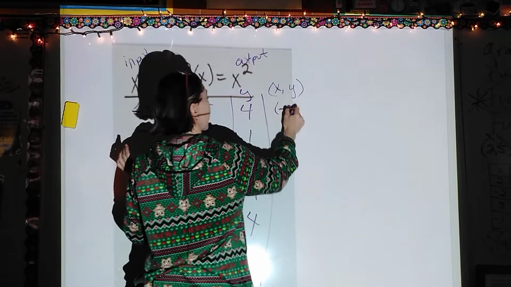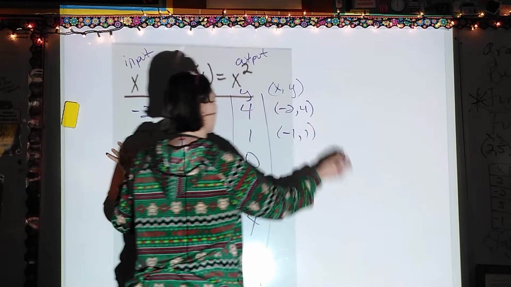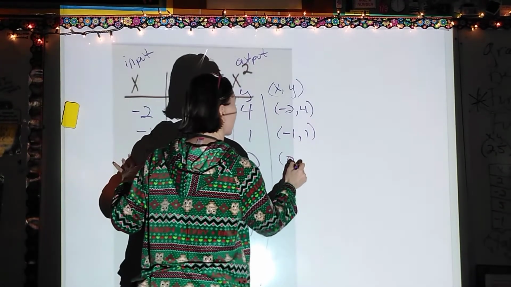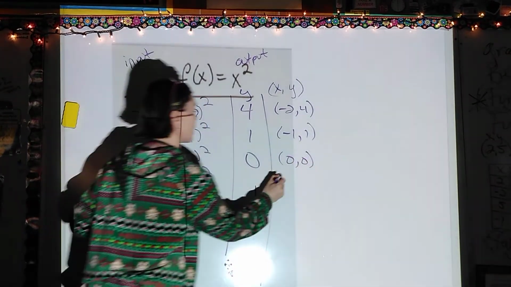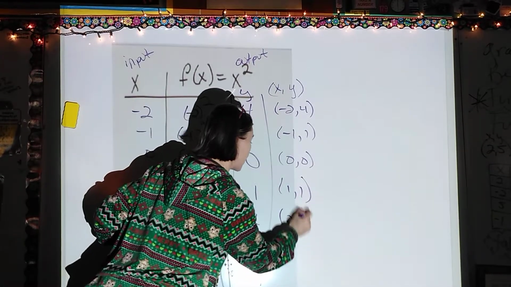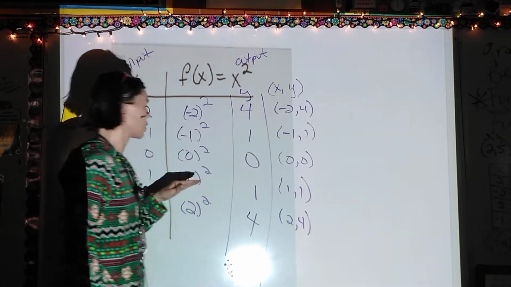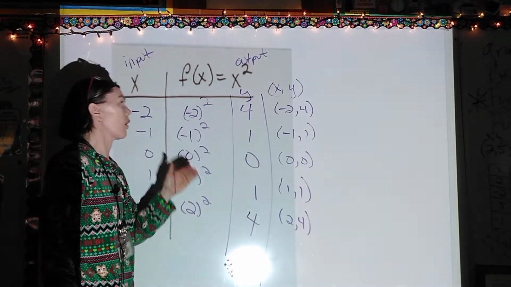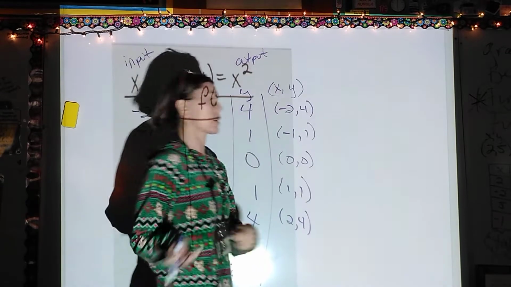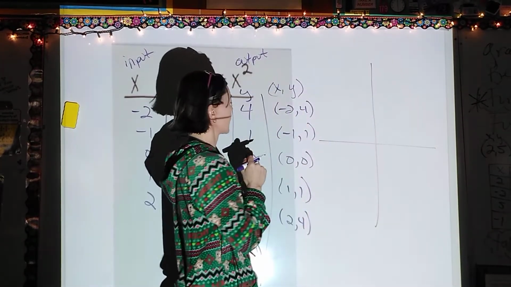So you have -2, +4, you have -1, +1, you have 0, 0, 1, 1, and then 2, +4. You guys, we're only doing this so that you can see how we get our ordered pairs for the graph. So now we graph it, okay?